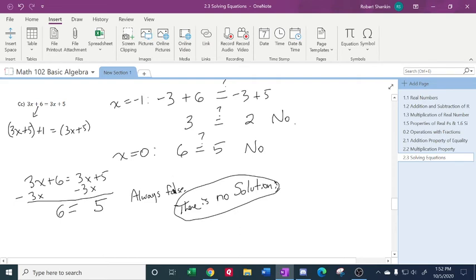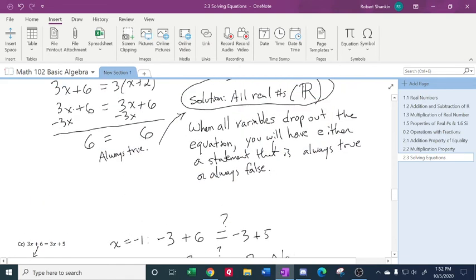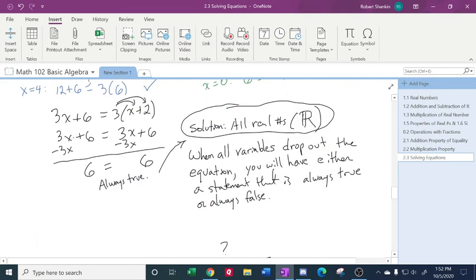So, come back to this. When all the variables drop out of the equation, you will have a statement that is always true or always false.